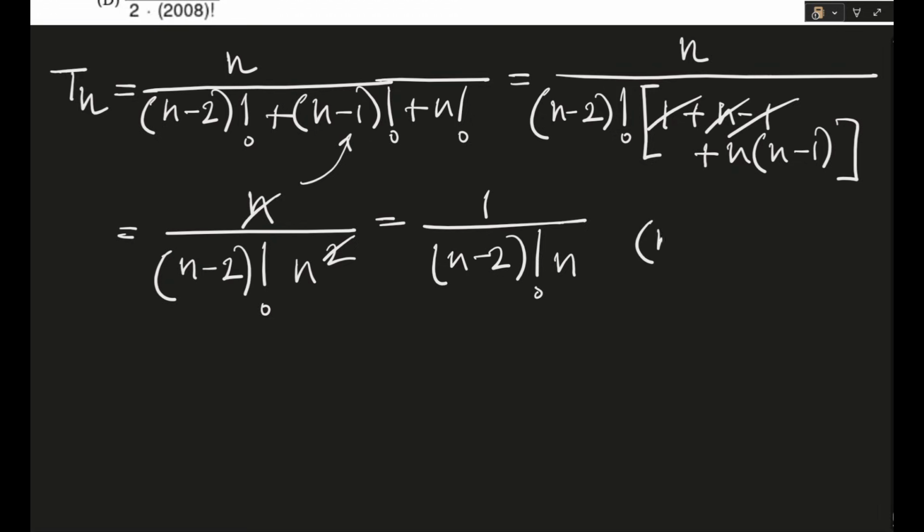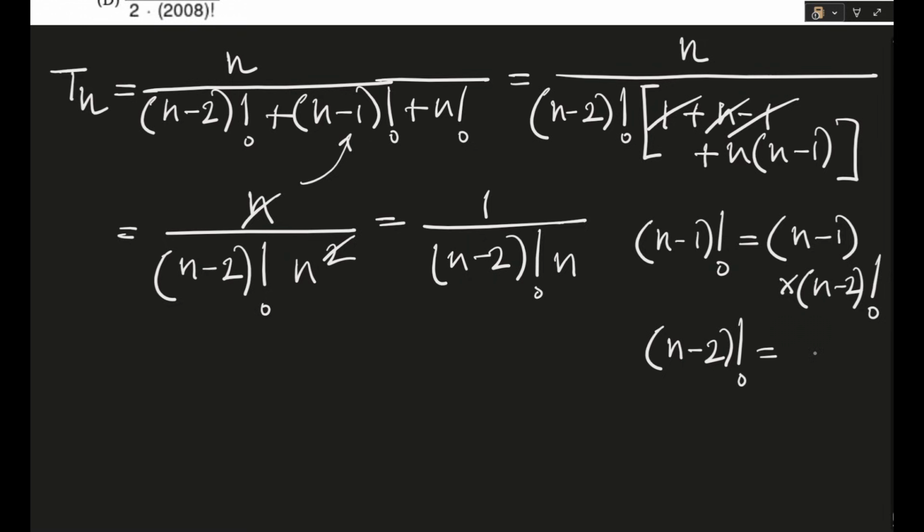N minus 1 factorial can be written as n minus 1 into n minus 2 factorial, right? So we can write n minus 2 factorial as n minus 1 factorial divided by n minus 1.